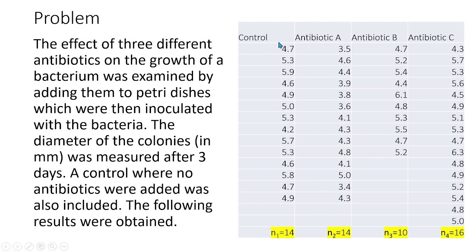So these are the diameters of the colonies under the control group. There are 14 colonies. Under antibiotic A, these are the diameters of the bacteria, and there are 14 cases here. 10 samples under antibiotic B, and we have 16 under antibiotic C.